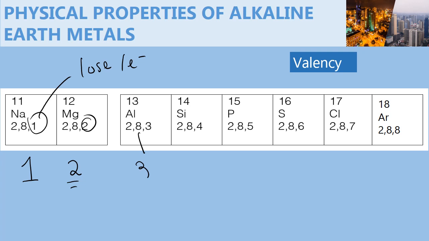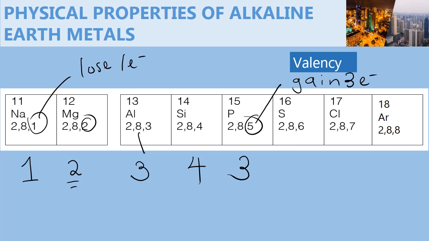Aluminium has a valency of 3. Silicon has a valency of 4. Phosphorus has a valency of 3. Why? Because it has 5 electrons in the outermost energy level, and for it to gain a stable configuration, it needs to gain 3 electrons.